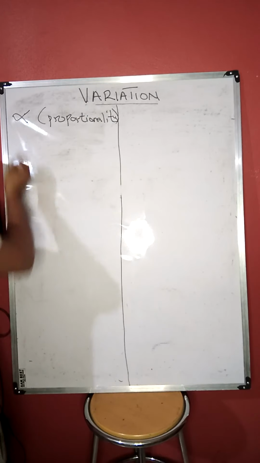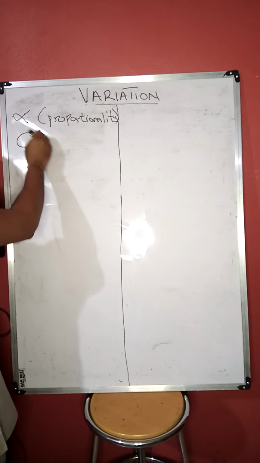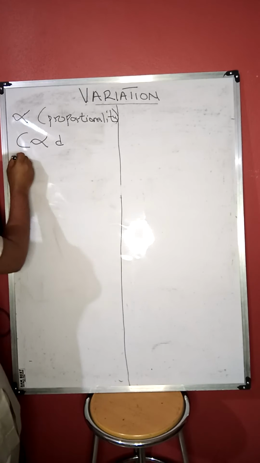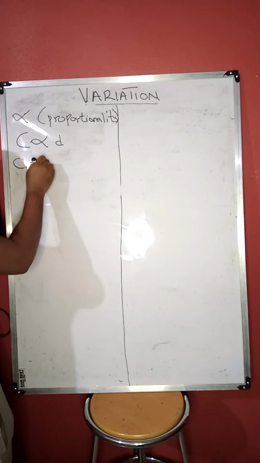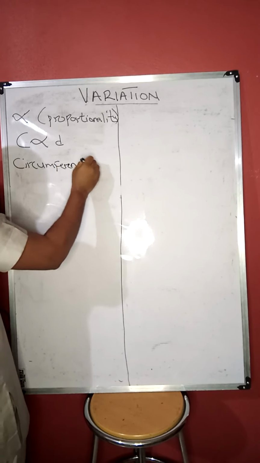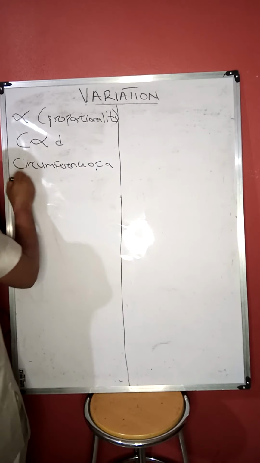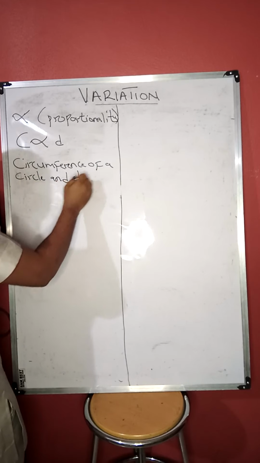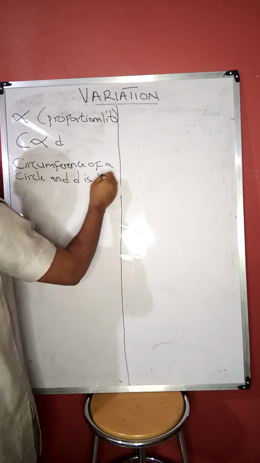For example, they might tell you that C varies as D, where C is circumference of a circle, and D is diameter.